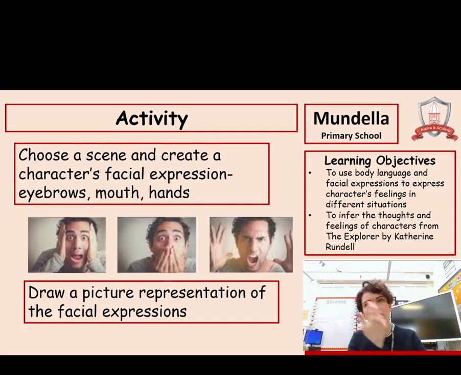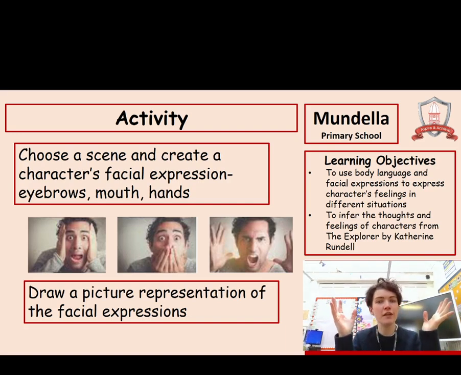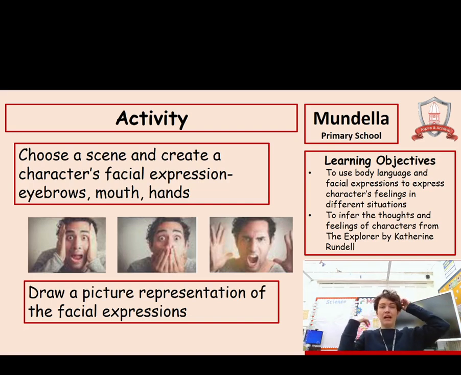Okay, so you've got to have a particular focus on the eyebrows, the mouth and the hands. As I said, it does not need to be an absolutely perfect drawing at all. If you want to, you can just literally draw eyebrows, mouth and hands to show the expression. The most important thing here is that you're getting across an idea of how to show feelings.